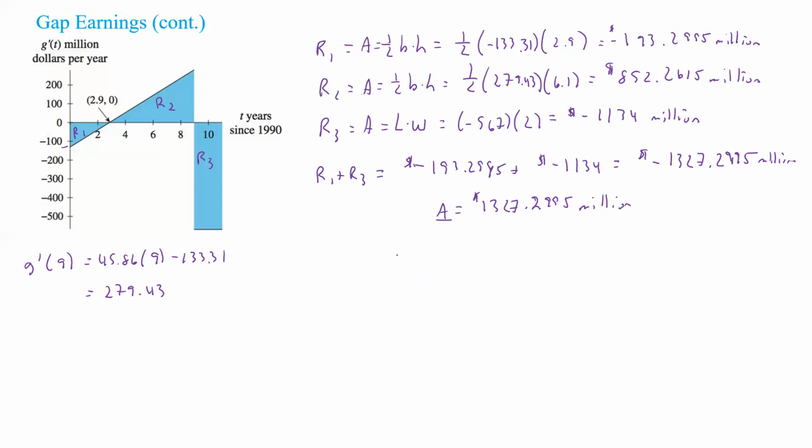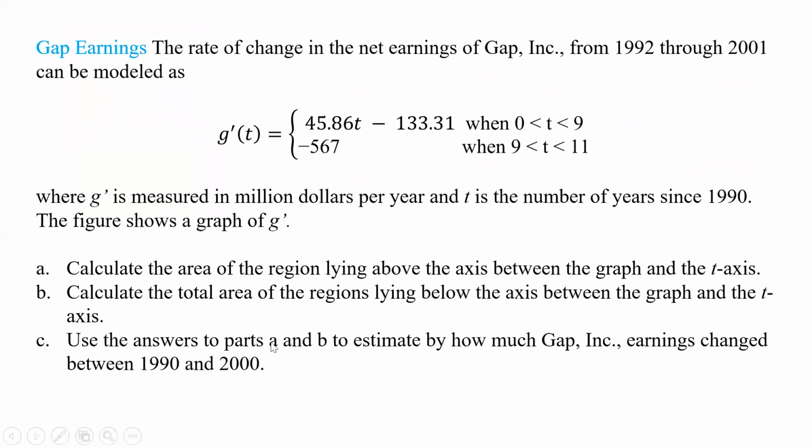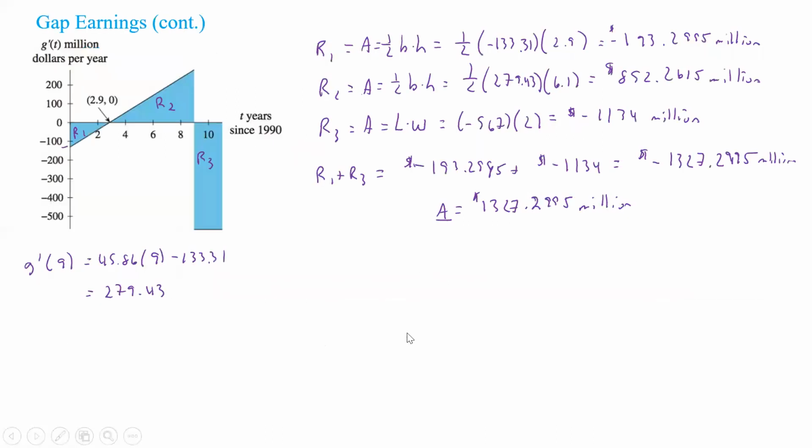Now, part C. Part C says use the answers in part A and B to get the actual earnings. So what we're going to do is take R2 plus our A, which we found here, and again, we're going to use that negative in this case. So we have positive 852.2615 minus 1327.2995.